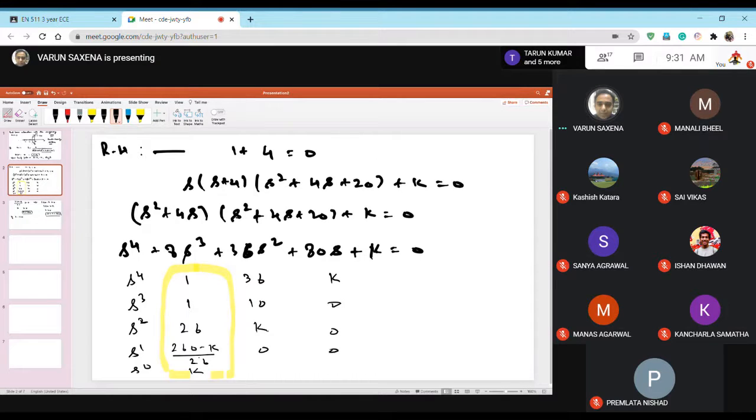You will see that this side is going to be 0. This row will become completely 0. So if you remember, we used to look into something called an auxiliary equation, which was the equation formed by the row just preceding it. So what would be the auxiliary equation?